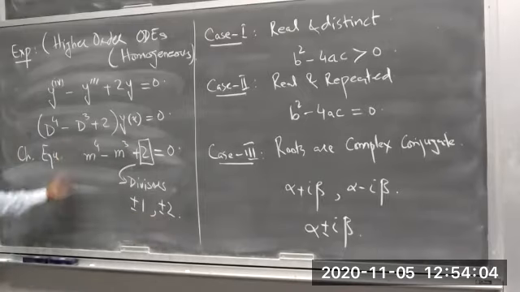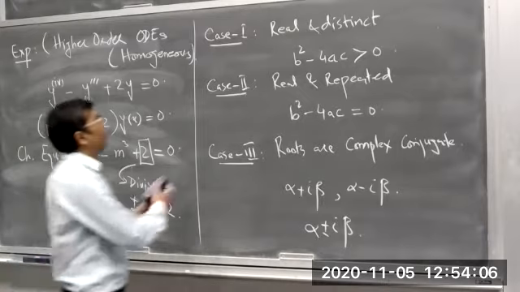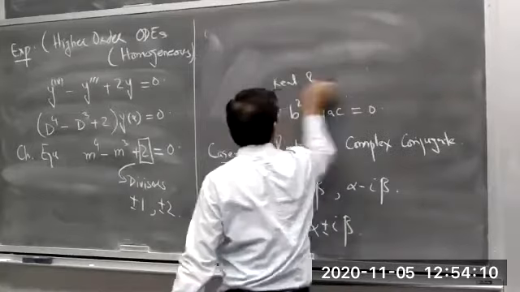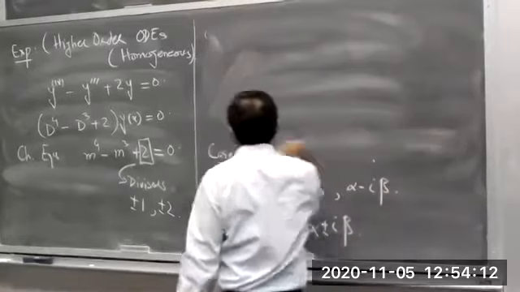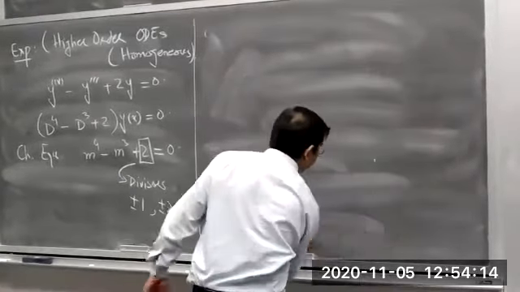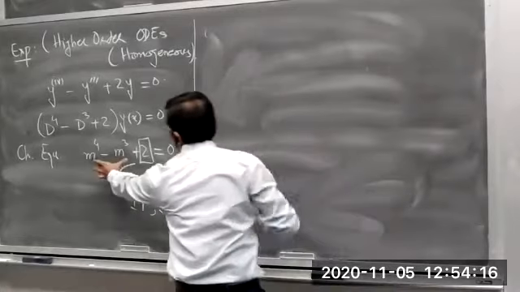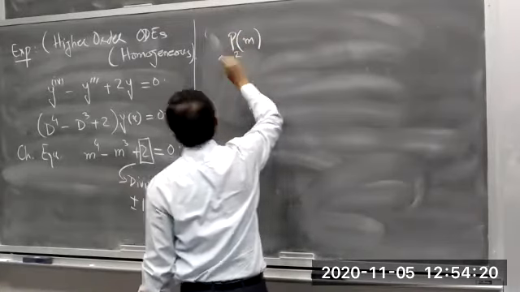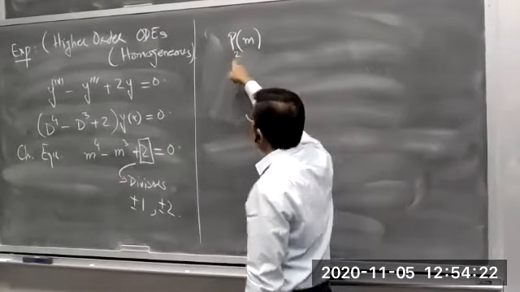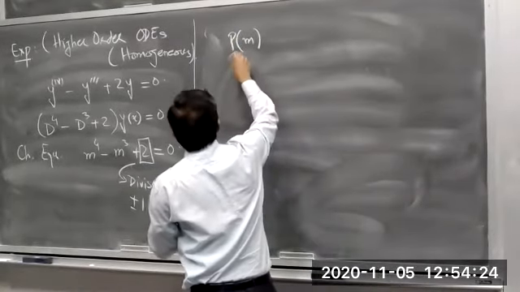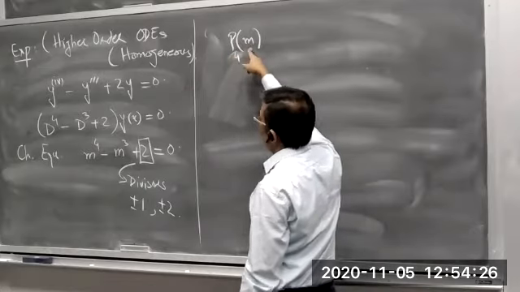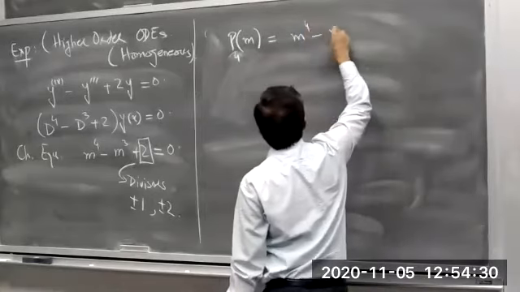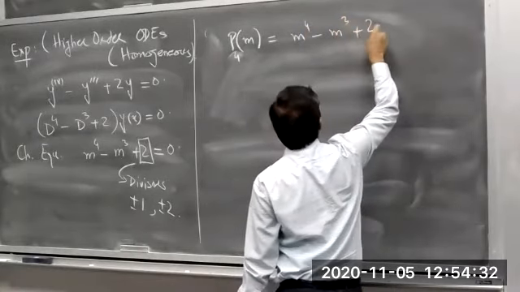So we'll use the remainder theorem, which you should have already studied in your earlier classes. We assume that this left-hand side is P4 of m, a polynomial of degree 4 in m: m4 minus m3 plus 2.